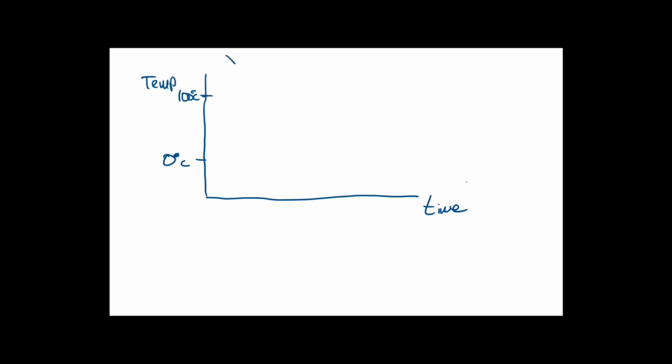So up here we have steam, and then it hits 100 degrees, and then it's going to flatten off until we have enough energy to condense it into water, and then it's going to go down like this until it reaches freezing point, and then it's going to level off until we have enough energy to freeze it, and then it's going to keep decreasing in temperature.